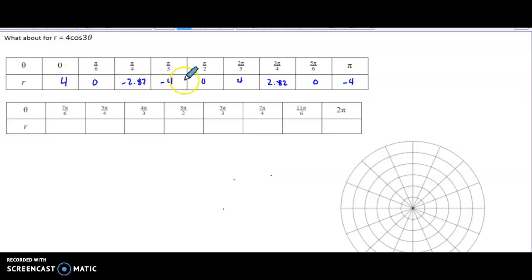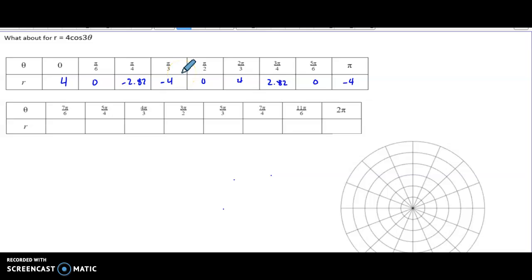And as you see here, from 0 to pi, I already filled in these values here for you, okay? And for most of these, I'm going to provide a table, and you can simply fill in or substitute in theta and work these out on your calculator, and you can plot those polar coordinates, all right?